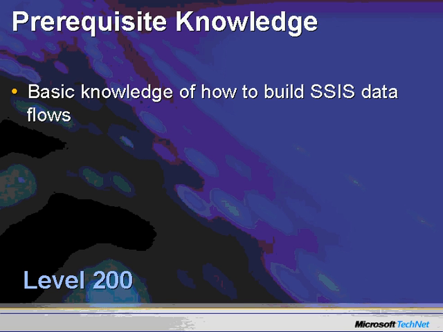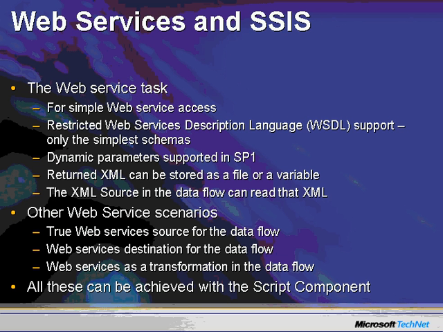So the first item we're going to cover in the agenda is the item of web services. Now, those of you who've used integration services already will have noticed that there's a web service task in integration services. And a task is part of our control flow environment. It's a unit of work that succeeds or fails and does a discrete operation.